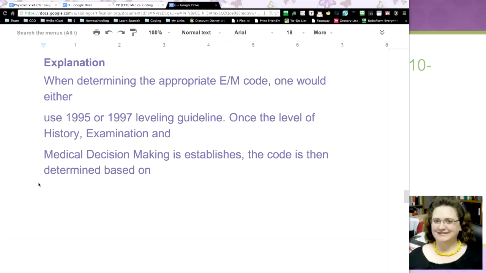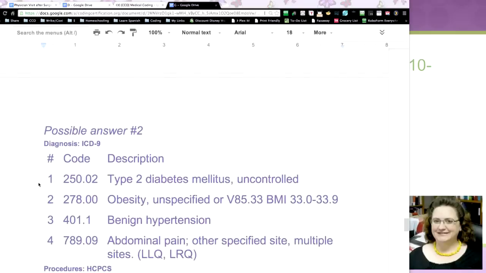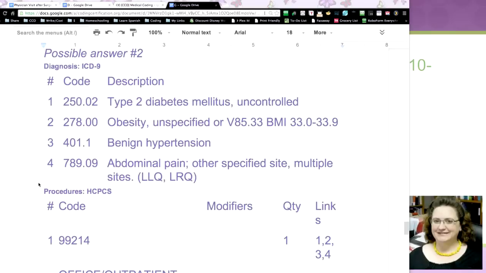Now, in ICD-9, I went ahead and down below did it all in ICD-9 so that you could see the difference. And again, it does not matter per se what order you code these in, okay?